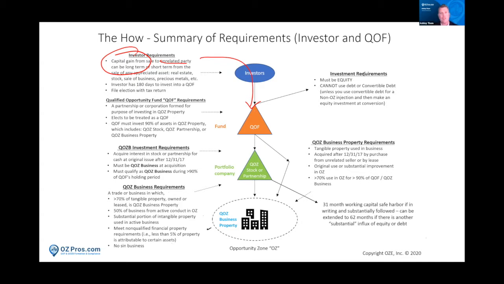Because out of a self-directed or a captive QOF, you can make investments into other deals. Now, not every single fund that's out there is going to be able to accommodate a direct investment into their deals, but there are some that do. So this could be a way for you to get your money into a fund by a deadline, and then have flexibility in how you want to allocate those funds.